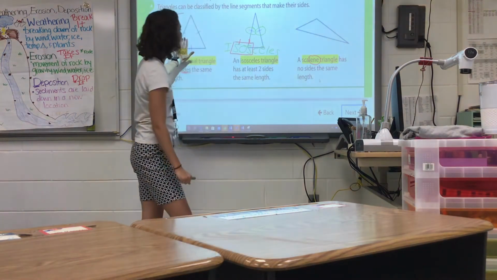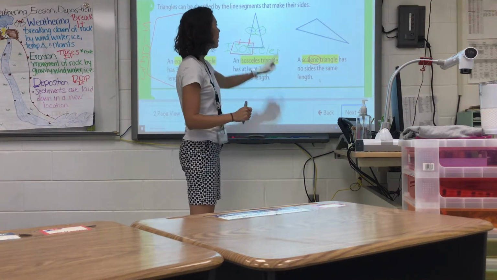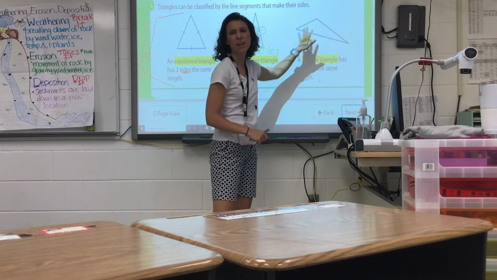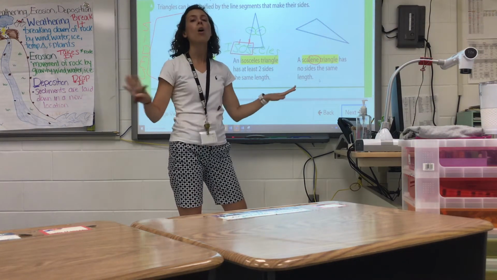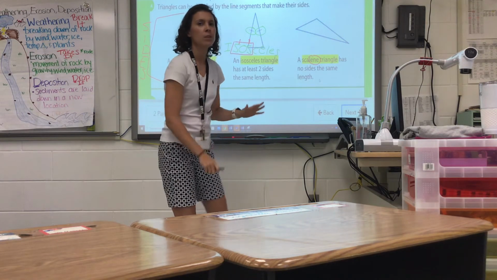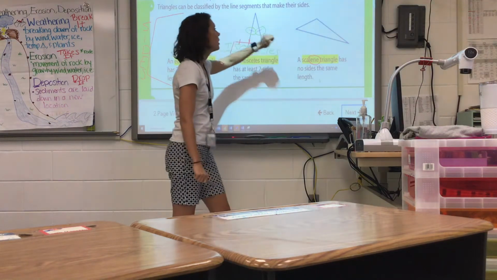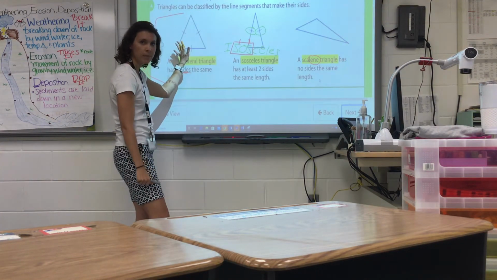Like an equilateral, it stands up just perfect, right? Even an isosceles triangle, it stands up so nice and perfect. But if you stood this up on any of its sides, it would lean. It would not be perfect. So scalene. All of the sides are different. So we have 0 sides that are the same, 2 sides that are the same, 3 sides that are the same, okay?